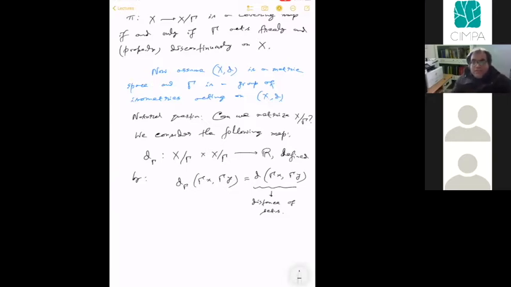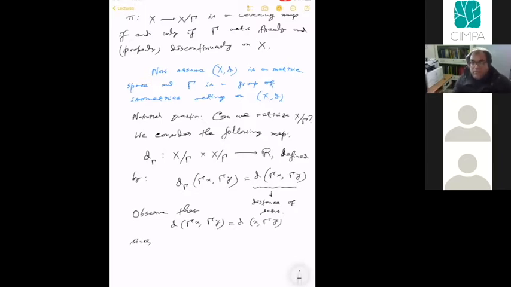Now one observation. Is it a well-defined notion? Let me observe that d(gamma x, gamma y) equals d(x, gamma y).